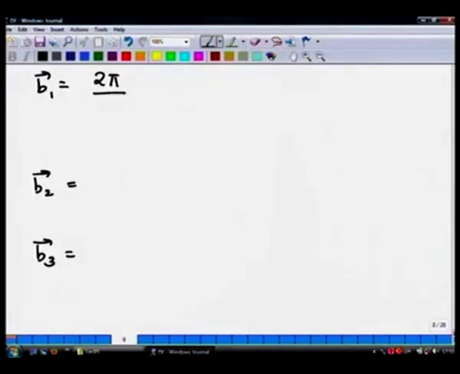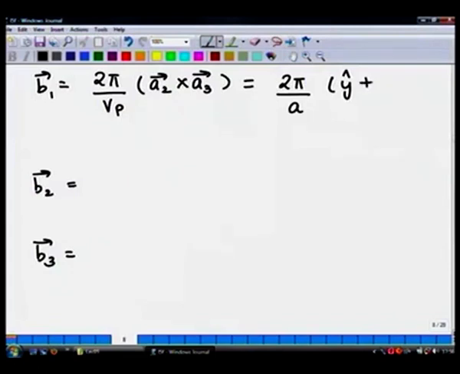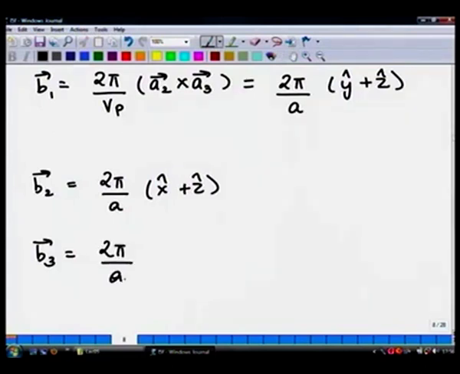You go ahead and do this calculation, and we will find that B1 will come out as 2 pi by a, and B2 will come out as 2 pi by a, and B3 will come out as 2 pi by a, or z plus x, actually. In fact, let me write it down as z plus x.